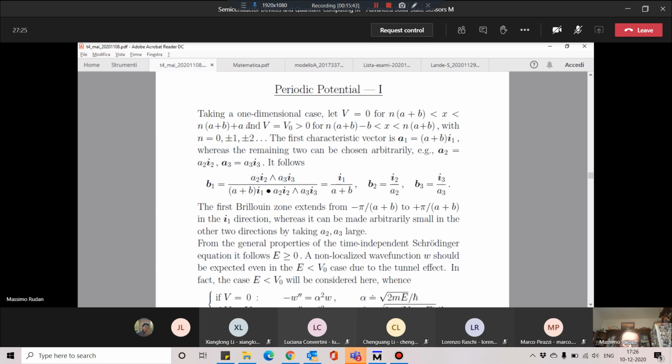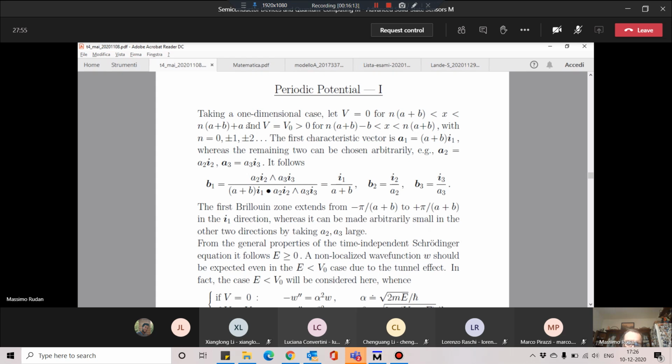However, we may still think that we are in a three-dimensional case in which the potential energy is uniform in the second and third directions. This is important because when we calculate the reciprocal lattice, we need the mixed products of a1, a2, and a3.